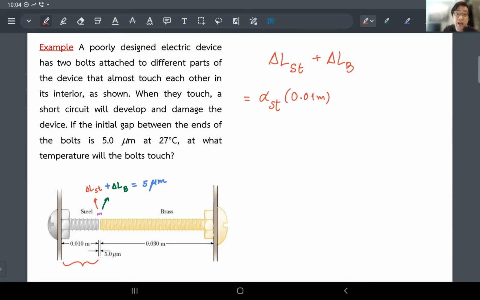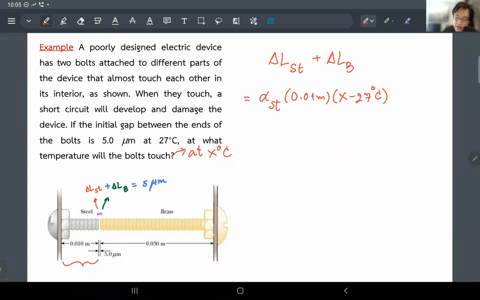Let's call that temperature X. So if they're going to touch at X degrees Celsius, the temperature change will be X minus 27 degrees Celsius. Sounds good? Already, that's not bad.